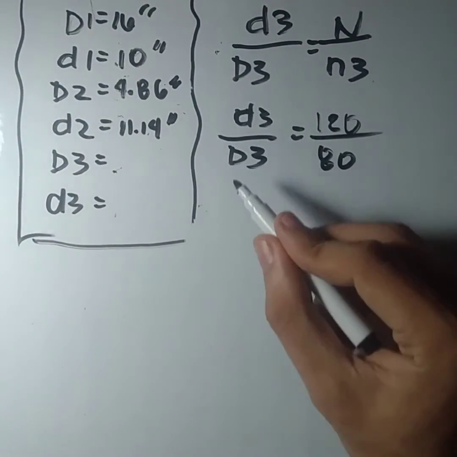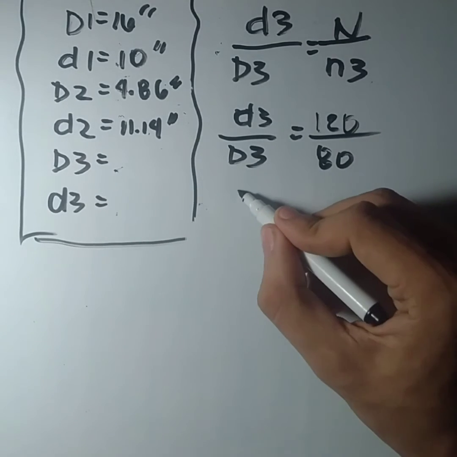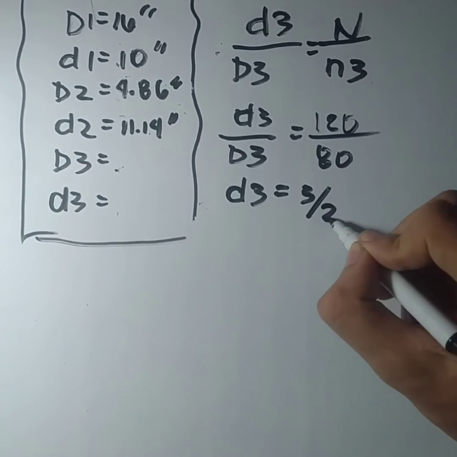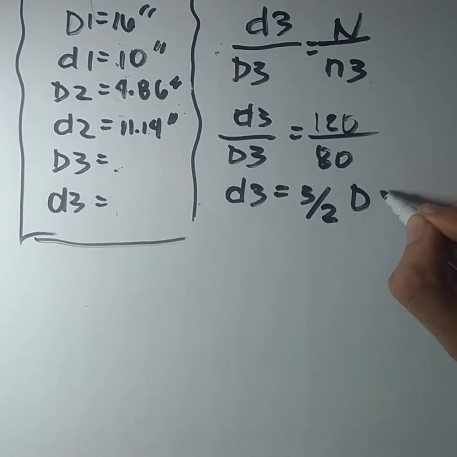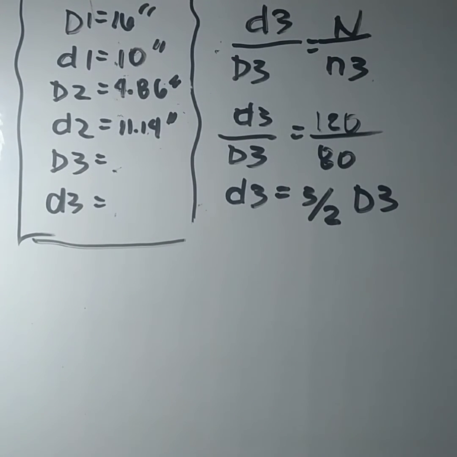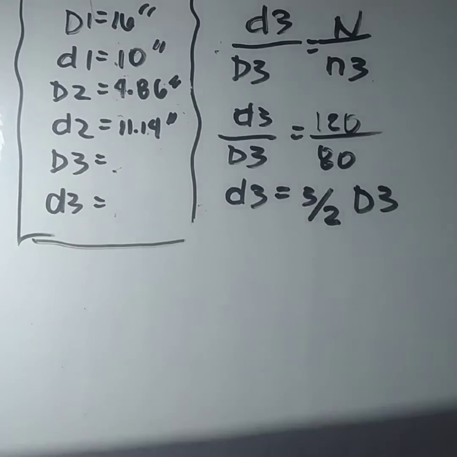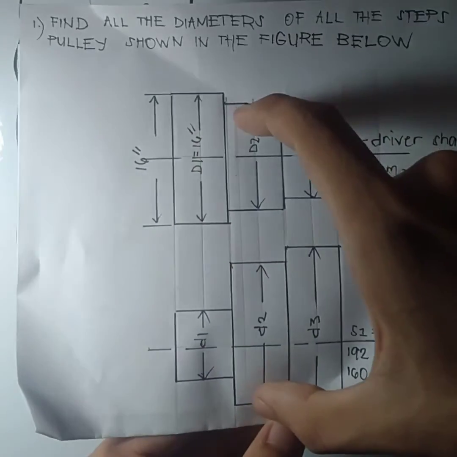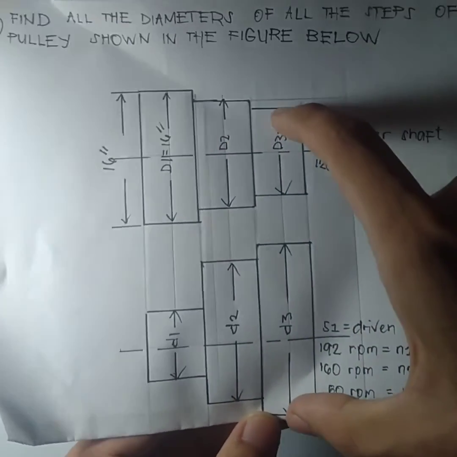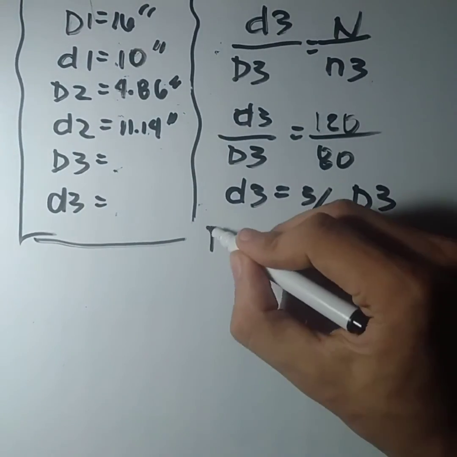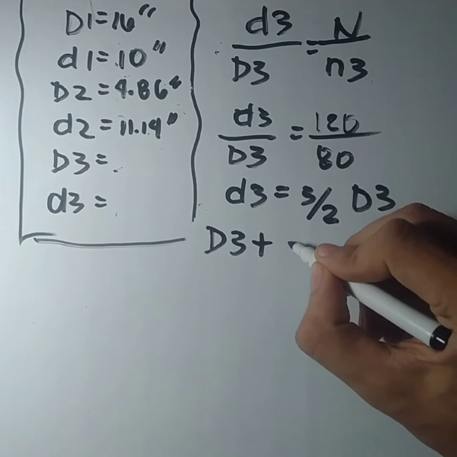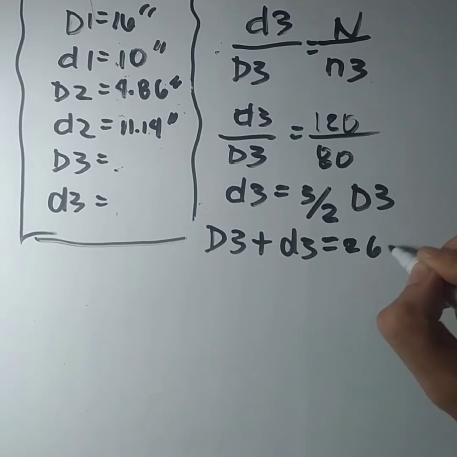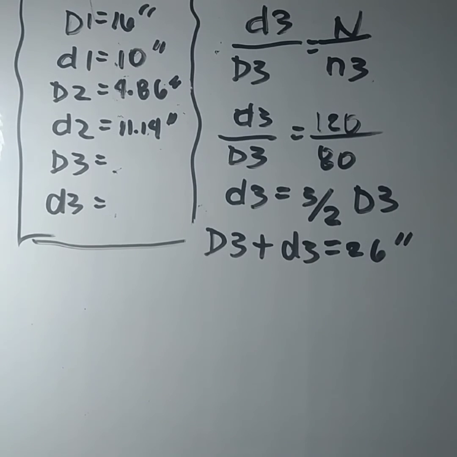So, rearranging this equation, we can get the value of D3 is equivalent to 3/2 of D3 of the driver shaft. So, kanina, based from our ruling, kung ano yung sum nito, equivalent sa sum nito at equivalent sa sum nito. Therefore, D3 of the driver plus D3 of the driven is equivalent to 26 inches. Base sa nakuha nating value kanina.